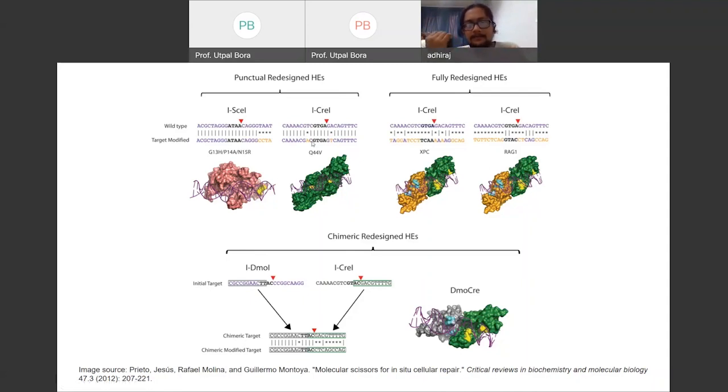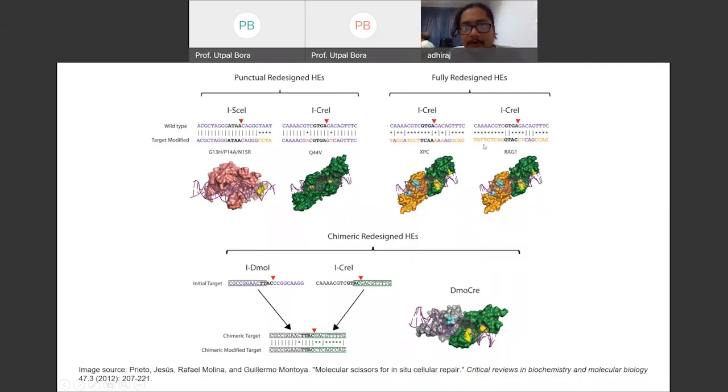Then they tried to target a whole gene. For that, they changed not only one amino acid residue but a couple of them, so that it goes and binds to that specific DNA. As you can see, in the modified sequence, there are a lot of sequences given in yellow, right?